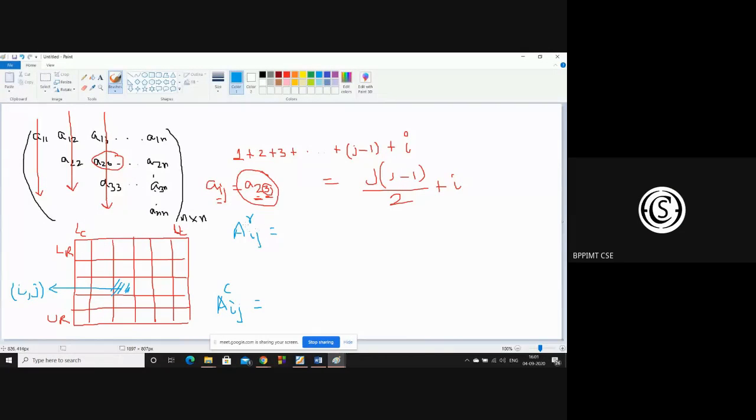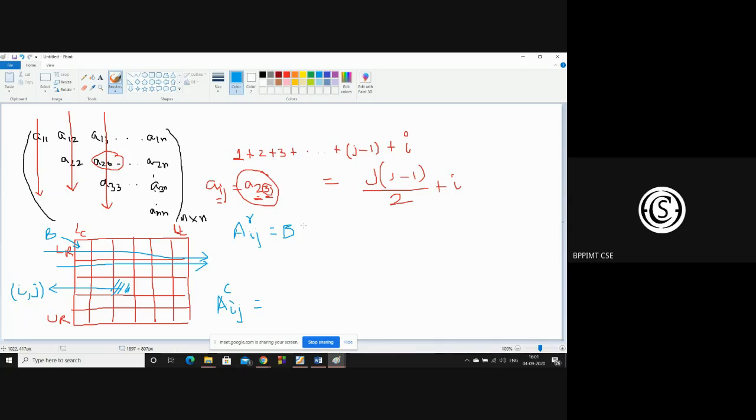Aij at position r. If we row scan, row wise scan, then for row major order, it will be b plus w into, that is if b is the base address, the first address, then for row major order we have to scan the first row, then the second row, and then the third row.